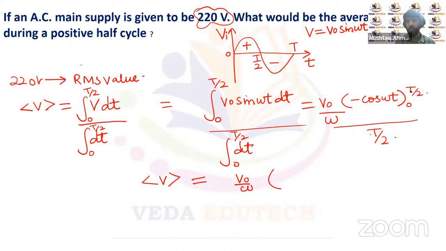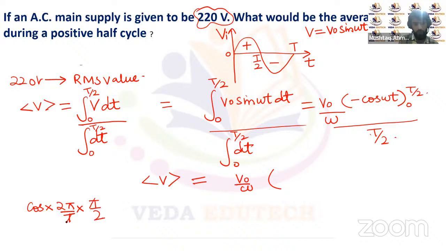So substituting the upper limit T by 2, it will be cos of pi. Let me do it this way. Cos of omega, we can write as 2 pi upon T multiplied by the limit, that's T by 2.